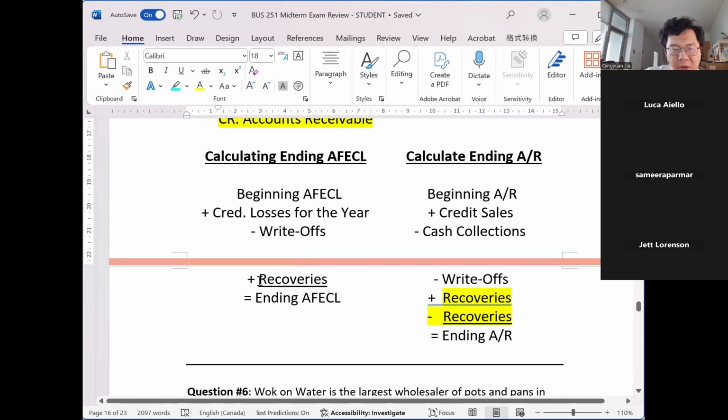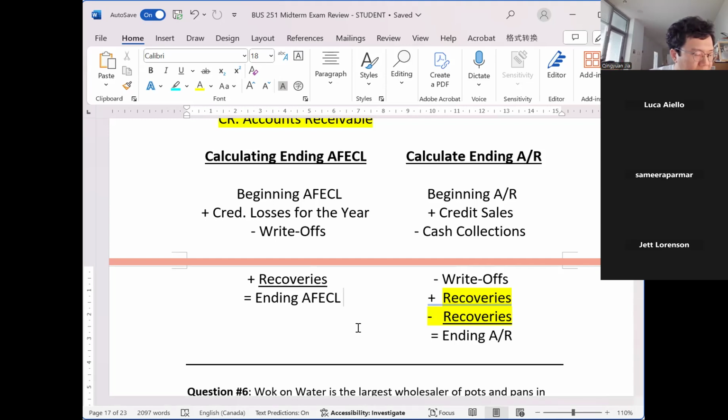So we have to add the recoveries here, and then we will have the ending AFECL. This is how we calculate AFECL directly by using this method.